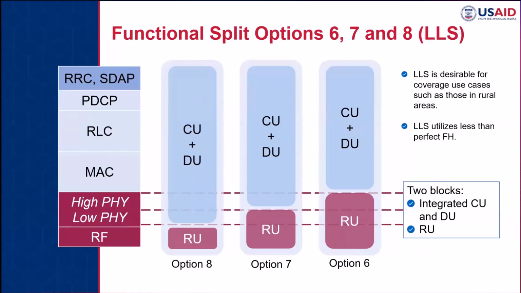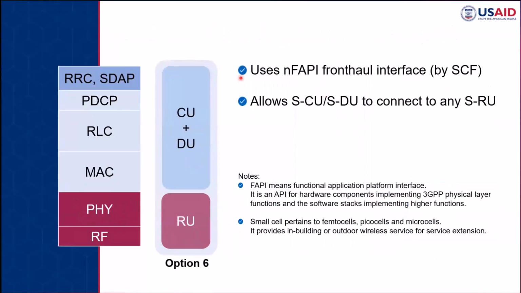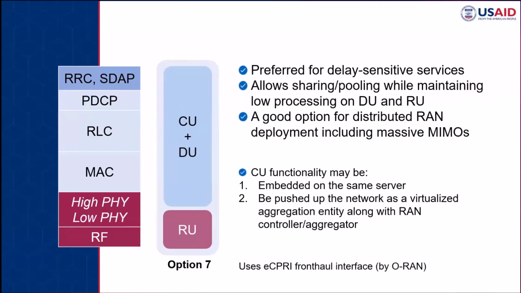For simplicity. As I mentioned, this option 6 is being implemented in the IBS or small cells, particularly femtocells, picocells, and microcells. Option 7 is preferred for delay-sensitive services.